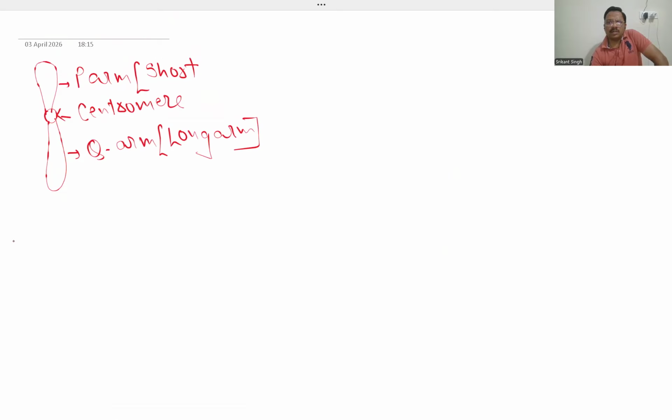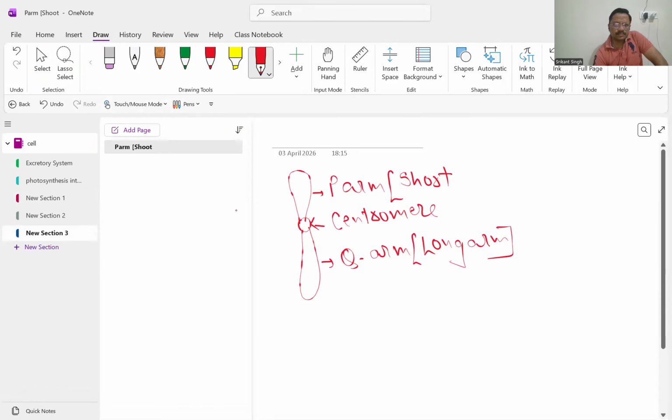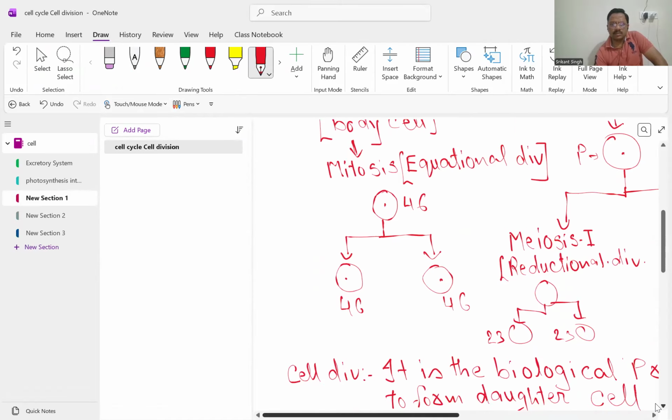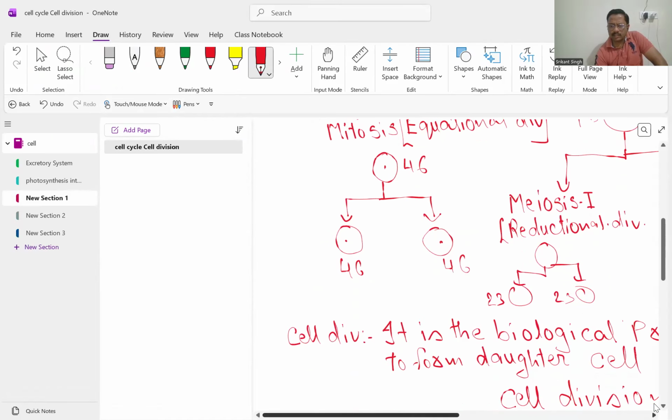Now, when we talk about the organelles in the mitosis process, the first step is karyokinesis.